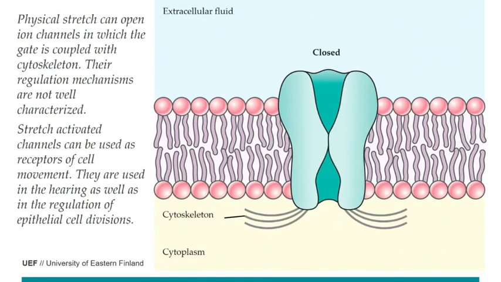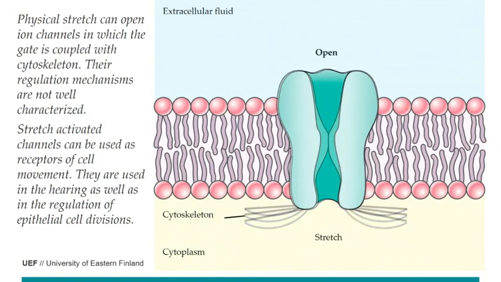Okay, then we have stretch-activated channels. Some channels are glued in the cytoskeleton. Usually these channels are much less characterized than, for example, voltage-gated ones, but they can be used to detect cell movement.